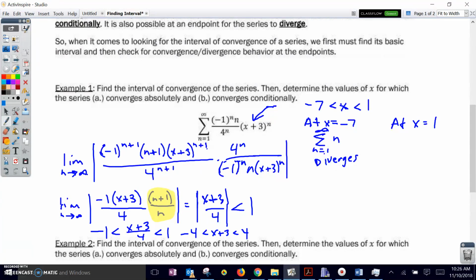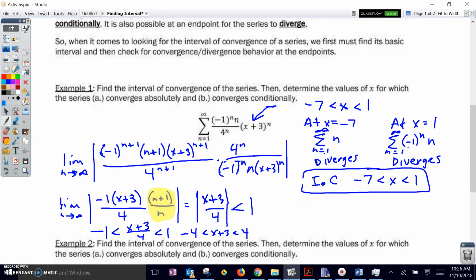At x equals 1, if I substitute 1 in there, this turns into the sum from 1 to infinity of -1 to the n times n, which again, this time by the alternating series test, diverges. And therefore, neither of the endpoints will be included, and so my interval of convergence is going to just be from -7 to 1, excluding the endpoints.